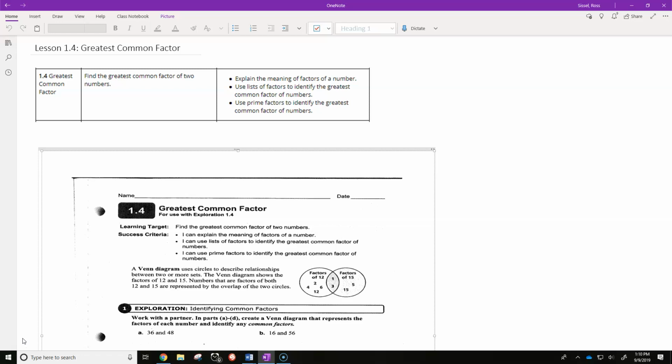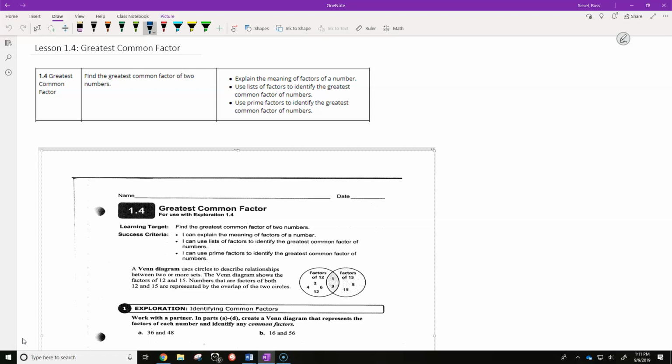Alright, so what I'm going to share with you today, we are in lesson 1.4, finding greatest common factor. Our I can statement, our goal, states, I will find the greatest common factor of two numbers. What that means, remember I always show you what this is going to look like.